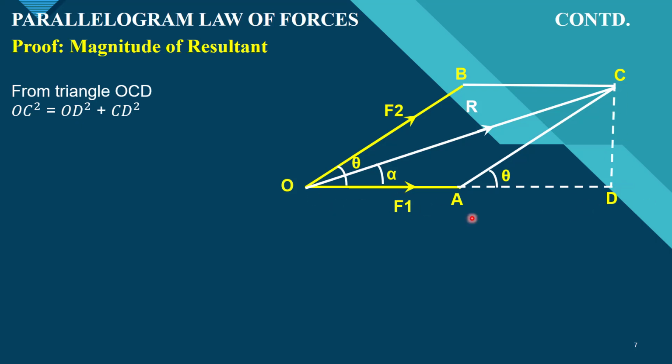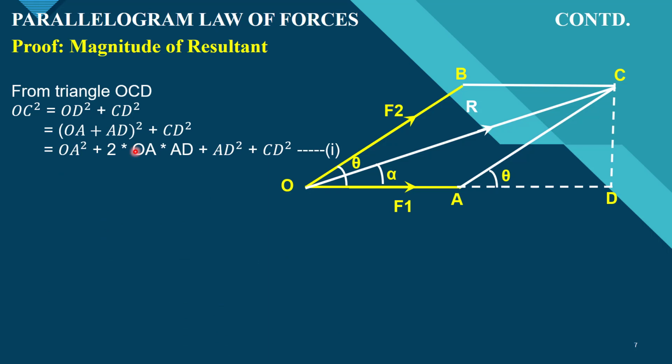Now OD can be written as OA plus AD. So our equation becomes OA plus AD the whole square plus CD square. Now how will we expand OA plus AD the whole square? That can be written like this, right? OA square plus 2 OA AD plus AD square plus CD square. Let it be equation number 1.